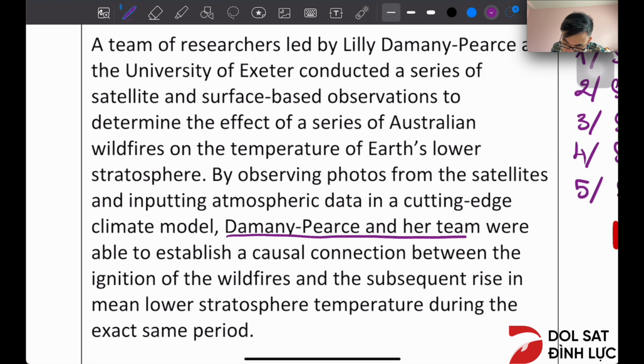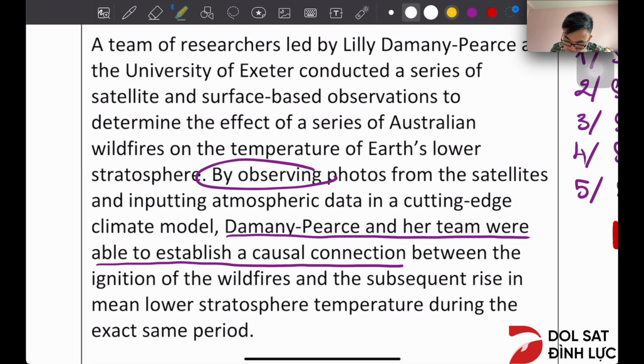So we can see that here, Damini Pierce and her team were able to establish a causal connection, right? After observing. Now, what connection is there? Connection between the wildfires and the subsequent rise in lower stratosphere temperature, right?